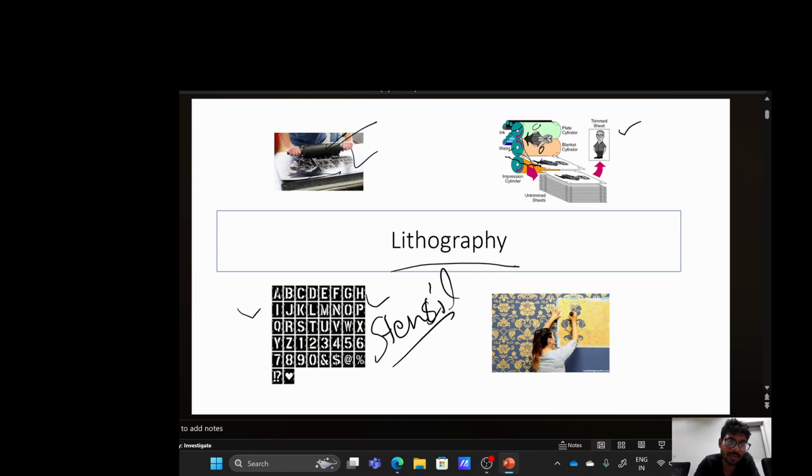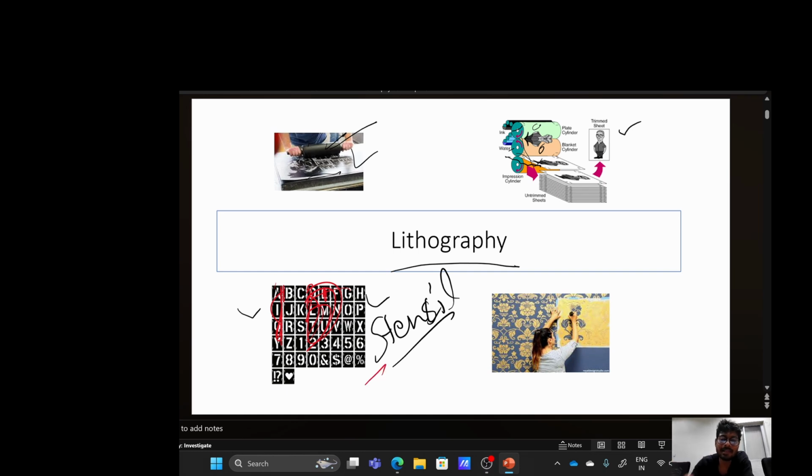So whatever we write through the stencil, like this B, wherever there is an opening, the ink will go inside, and this letter will be printed on the paper or cloth or wherever you want to write.